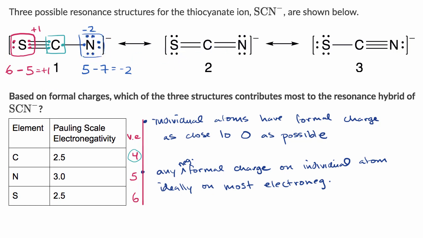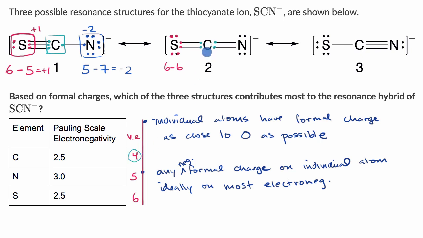Now let's go to this resonance structure here. So same idea. Here we have 1, 2, 3, 4, 5, 6 outer electrons hanging out around the sulfur. Now that's the same as the neutral sulfur valence electrons. So here we have no formal charge. We could think about it as 6 minus 6 is equal to 0. Carbon, we have 4 outer electrons hanging around from this Lewis diagram, and that's typical of the valence electrons of neutral carbon.